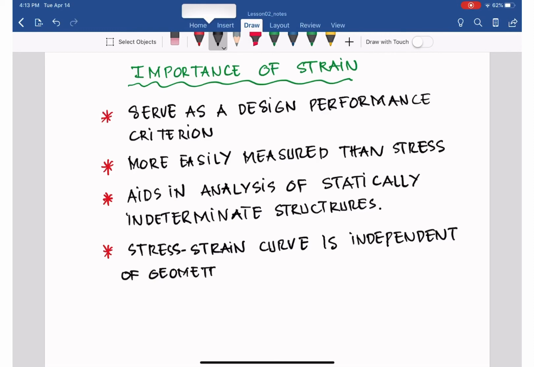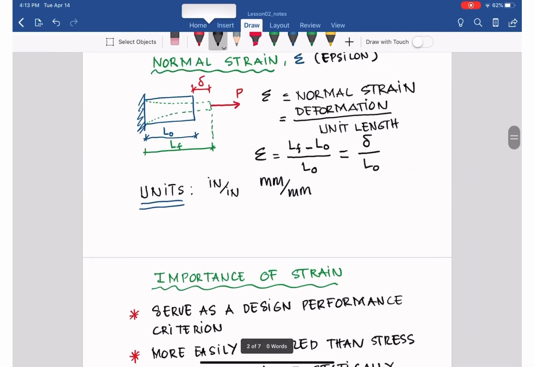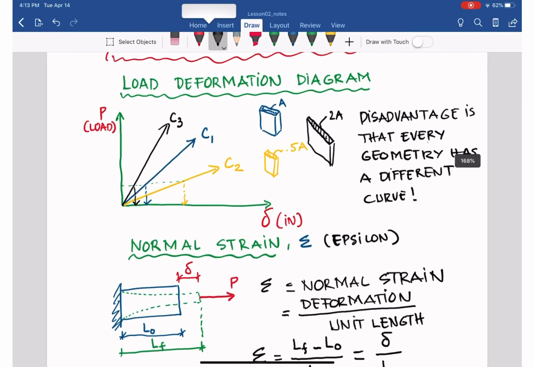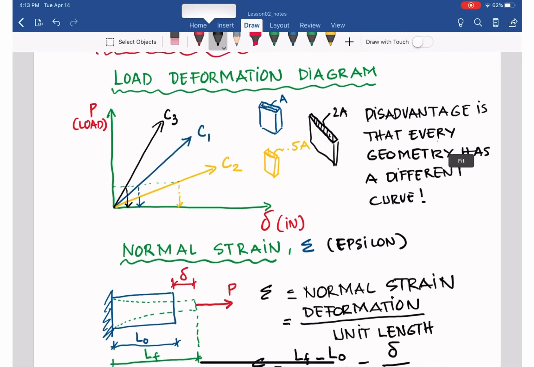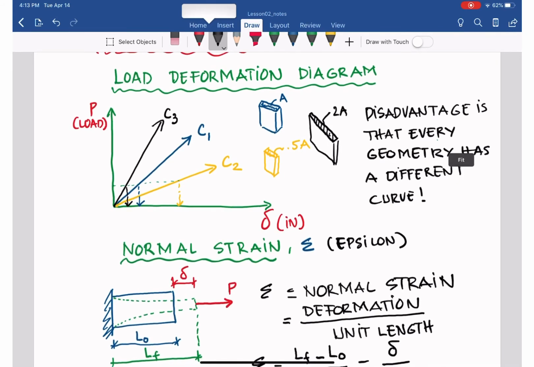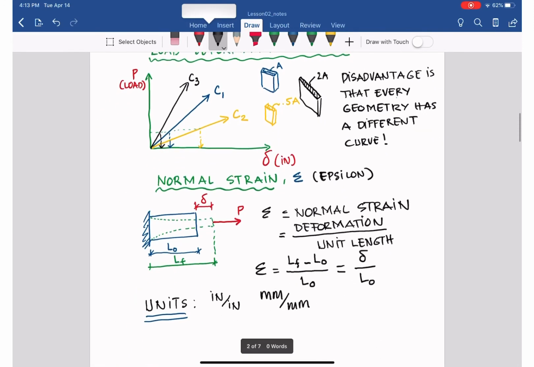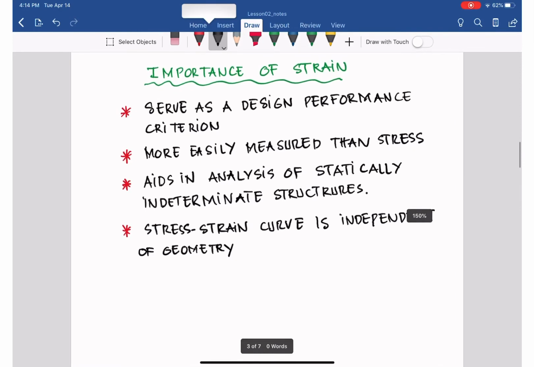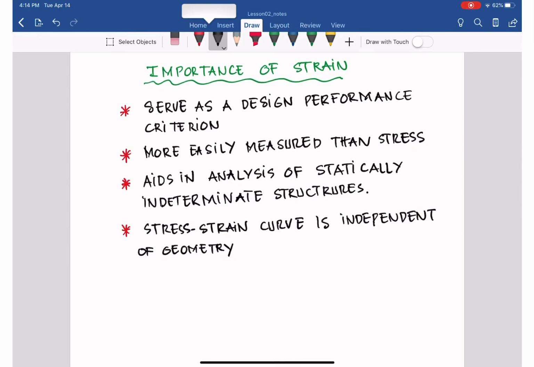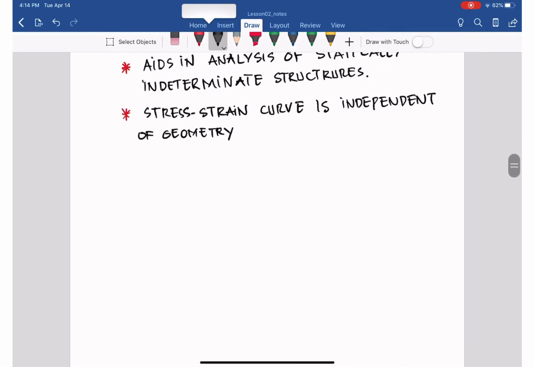And that's a good thing compared to the load and deformation curve, which, as you can see, depends on the geometry. Even for the same material, curves C1, C2, C3 are different if the geometry, in this case the cross-sectional area, is not the same. But if we introduce strain, then the stress and strain curve is independent of the geometry, so it will be unique for a certain material. For example, for rubber, the stress-strain curve is unique for that material. So what does it look like? Let me continue with that important concept.